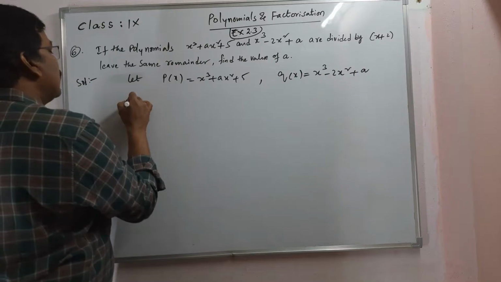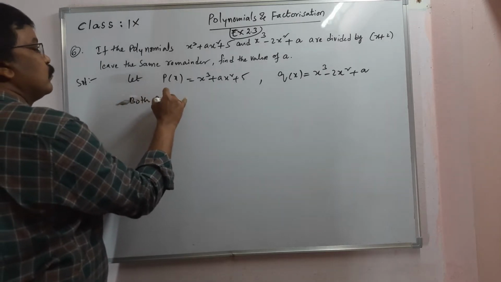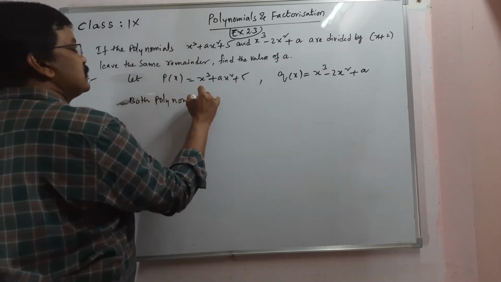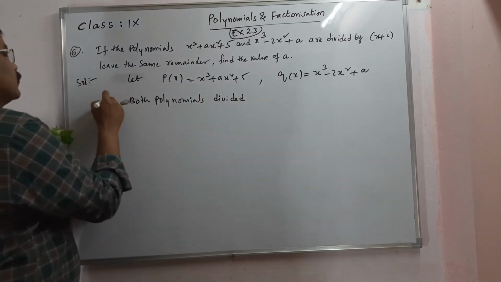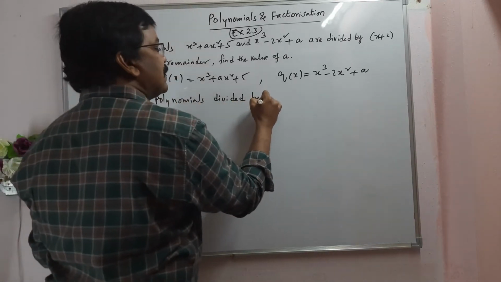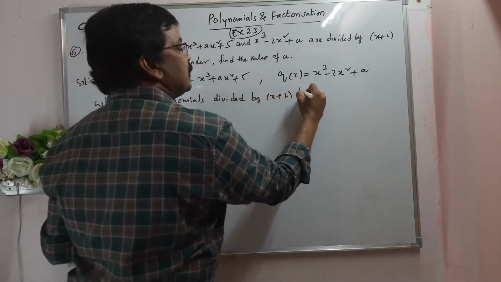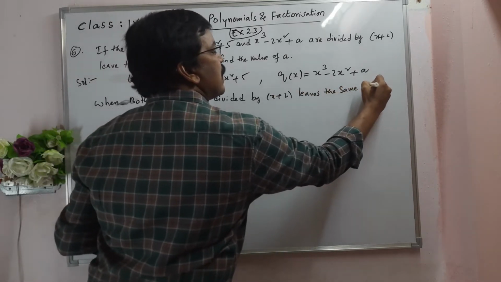When both the polynomials are divided by x plus 2, they leave the same remainder.